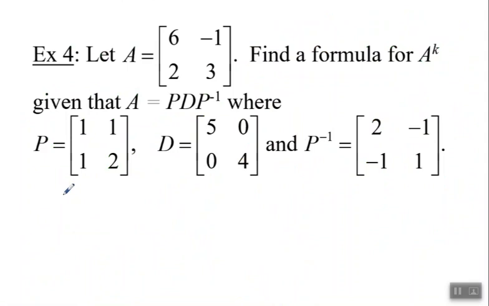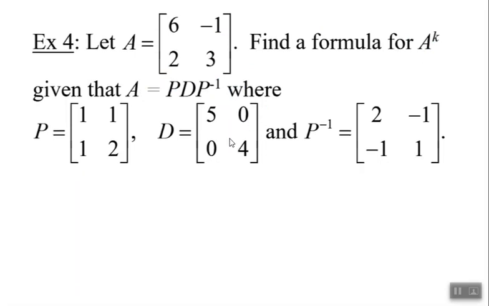Now we're going back to, if I want to find out what A to the k is, given that A is equal to PDP inverse, what are we going to do with that one? Well, if we have this, then we know that A to the k, so these are inverses of each other, so P times P inverse is always going to give you the identity.